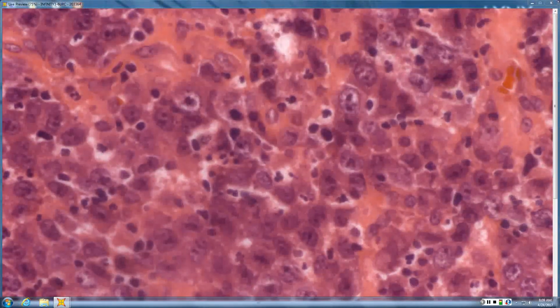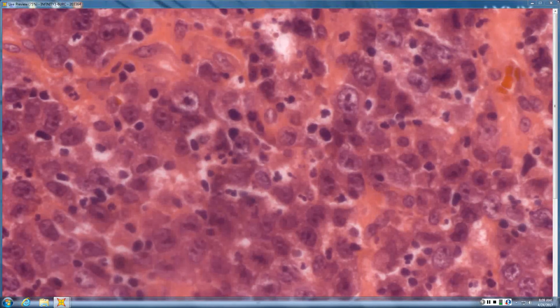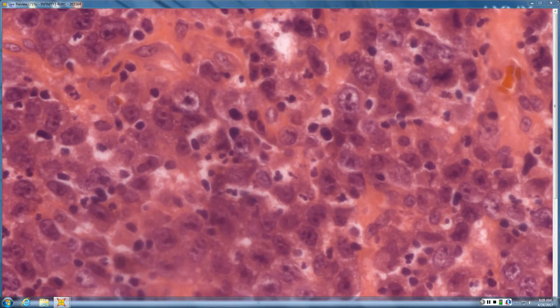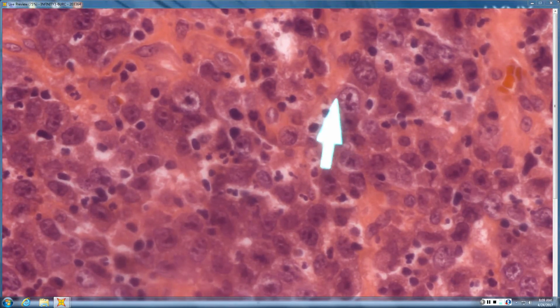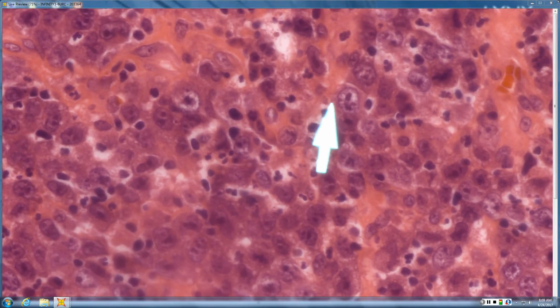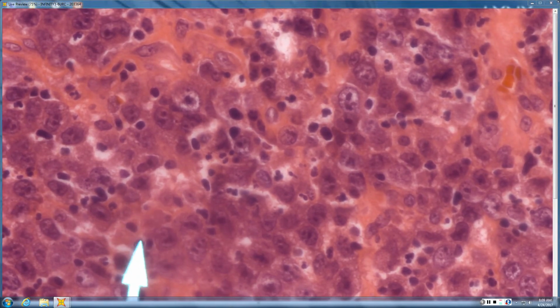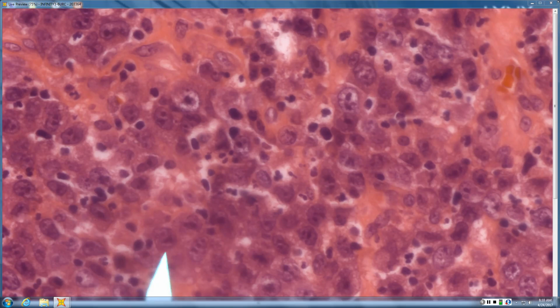So when you say open and vesicular, usually what I want for vesicular, like this one here is pretty good for vesicular. It has a dark chromatin rim and then a pretty clear, pale white center. A lot of these have too much chromatin for me to say they're vesicular.